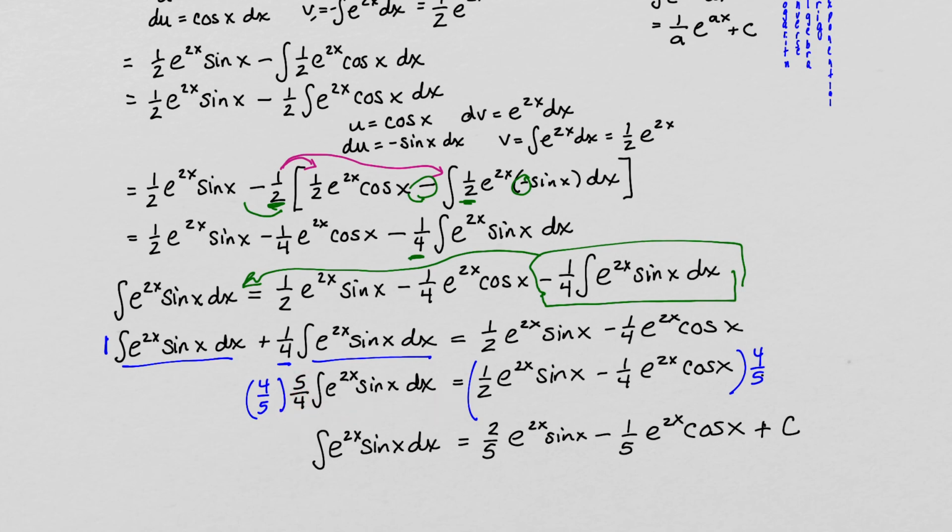It's the same as if I divided both sides by 5/4, but dividing both sides by 5/4 is the same as multiplying both sides by 4/5. So if I have a fraction and I want to divide by it, it's the same as flipping the fraction over and multiplying it. So that's where I picked this 4/5. So I did 4/5 on this side, which cancels out the 5s and the 4s, and I'm just left with this integral. And then whatever I do to the left side, I have to do to the right side. So I have that 4/5 on the right-hand side. Does that help?